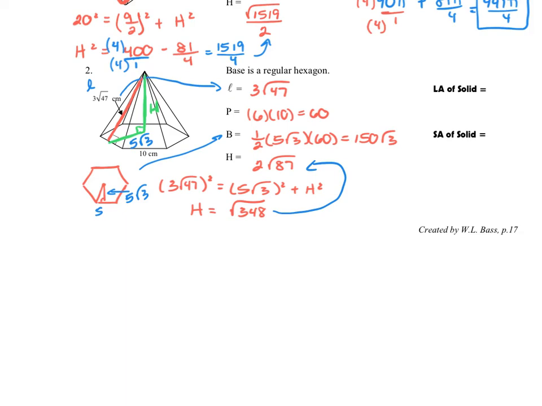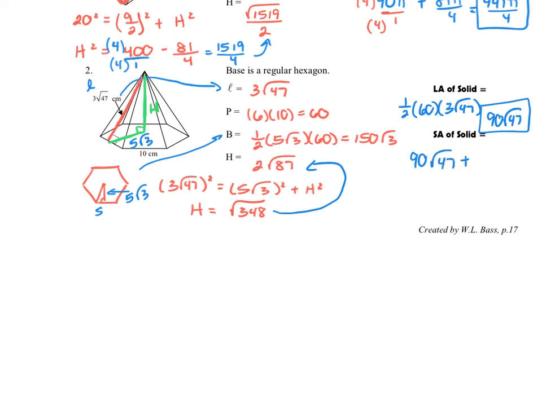Now, real quickly, I'm going to jump into the lateral area. This part will go fast. We're going to do 1/2 the perimeter of the base times that slant height of 3 square root of 47 gives us 90 square root of 47. And then the surface area would be that same lateral.